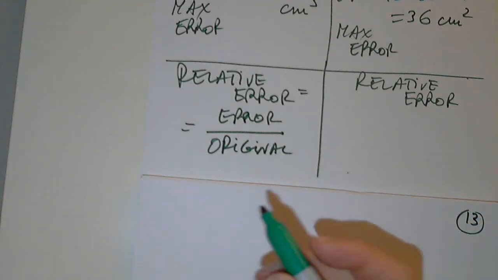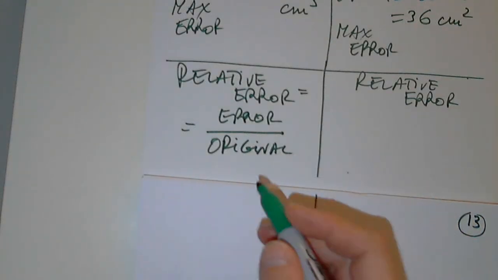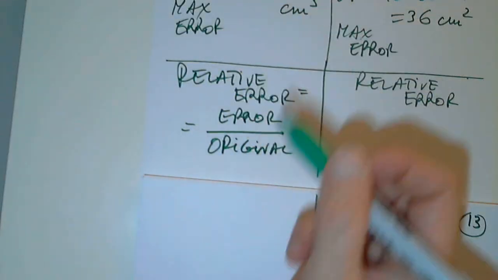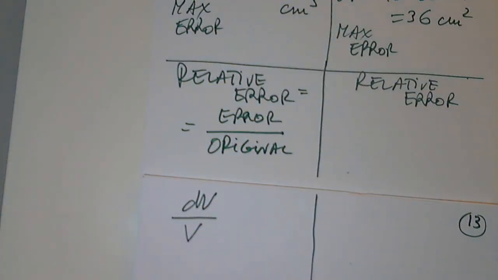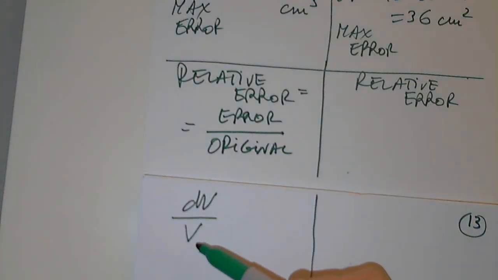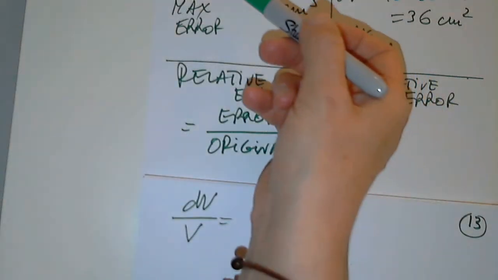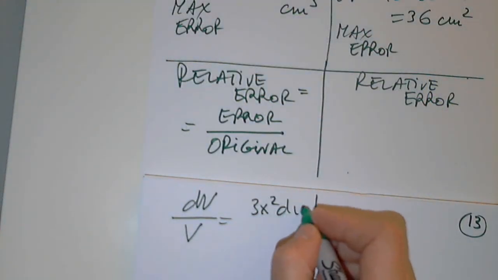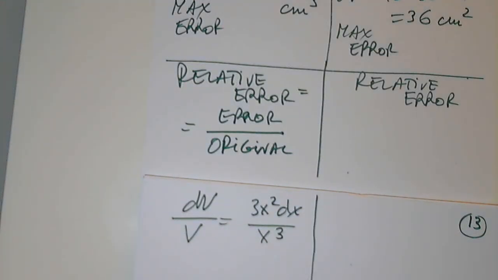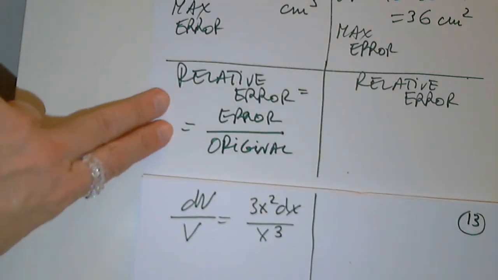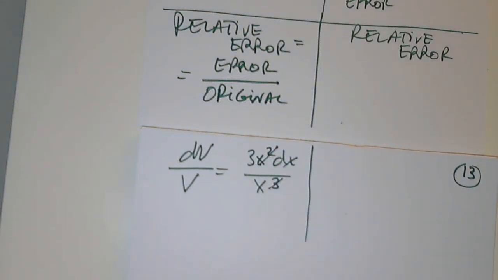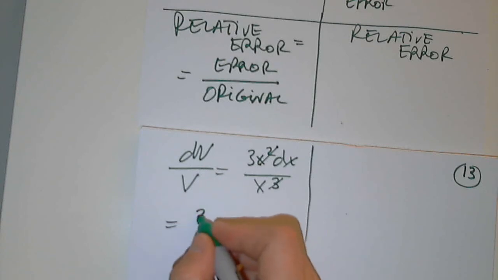So the relative error for the volume will be the error over the original, so dV over V. The original is the volume. So dV, we already have it, is 3x squared dx, and the volume is x cubed. I want to simplify before I plug in the numbers. So you simplify 2 x's from the top and 2 x's from the denominator, and 1 is left.